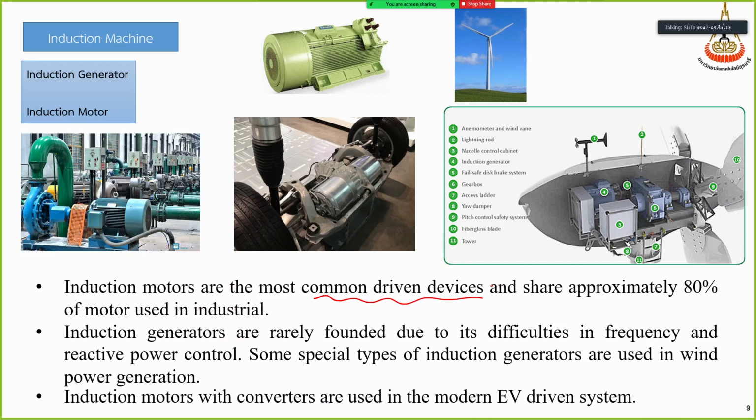So if we walk into an industrial site and find a motor somewhere, we can guess it should be an induction motor, driving a pump, a conveyor, or some process in the industrial process.